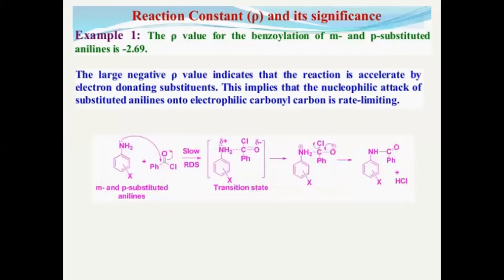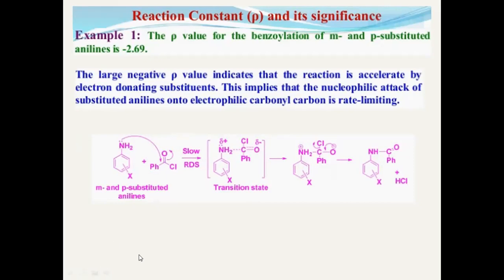Look at the transition state. What is developing here? What charge is developing at the reaction center? Positive. It means that an electron donating group will definitely increase the rate of reaction. Hope you understand this. This is the RDS, the rate determining step, and you can understand this equation easily.